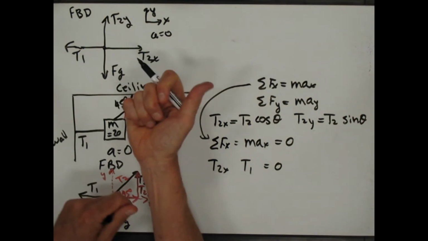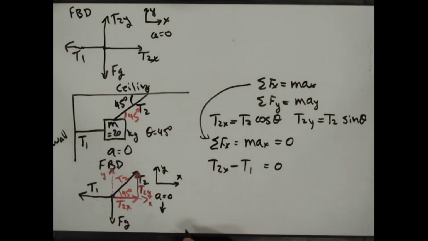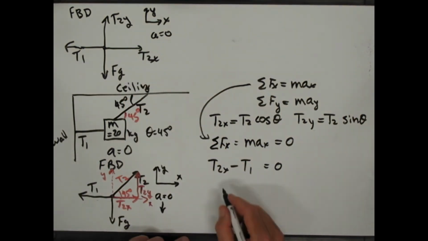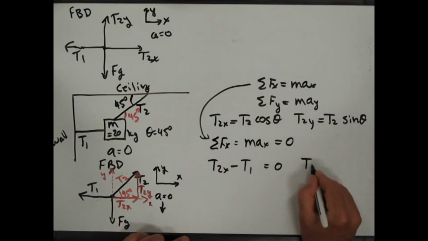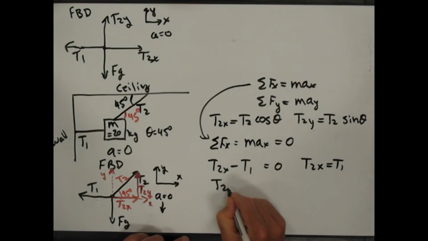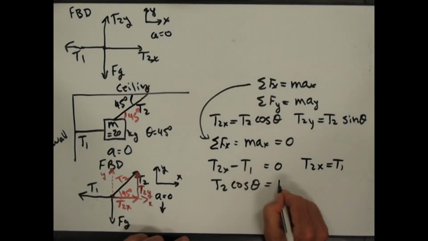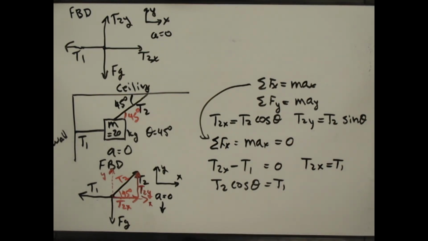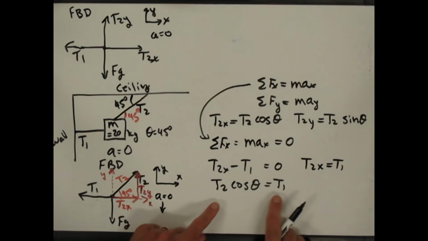This one's in the plus x direction, but that one's in the minus x direction. And so this tells me that T2x equals T1, or T2 cosine theta equals T1. I don't know what either one of those are, so I can't quite solve yet.